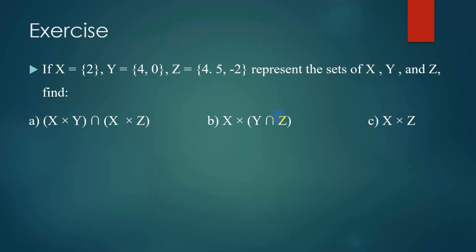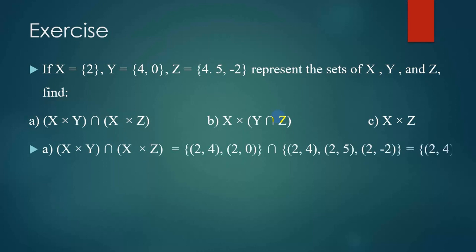X cross y is the set {(2, 4), (2, 0)}. X cross z is the set {(2, 4), (2, 5), (2, -2)}. The intersection here will give us the set of the ordered pair (2, 4).